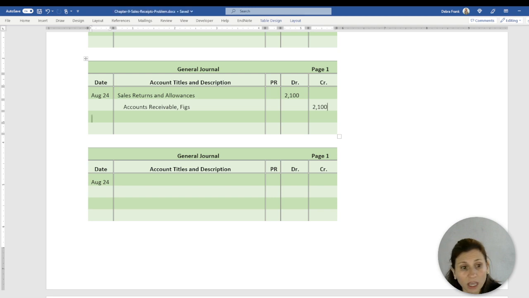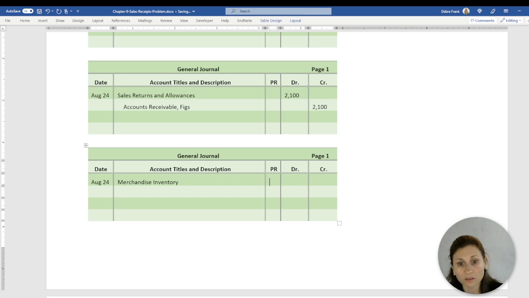Okay, so then we have the other part, which is for the cost associated with it. Remember, we recorded that cost of goods sold, and we said the merchandise was gone. Well, we're putting merchandise now back on our shelves. So we're going to have merchandise inventory increased again because merchandise inventory is an asset, and so it increases with a debit.